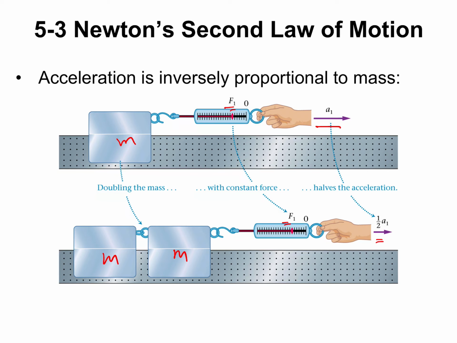So it turns out acceleration is inversely proportional to the mass, or proportional to 1 over mass. You double the mass, acceleration decreases by 2. If you triple the mass, then acceleration decreases to 1/3.